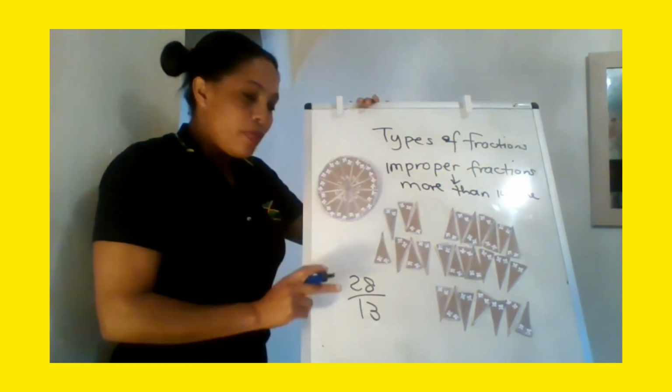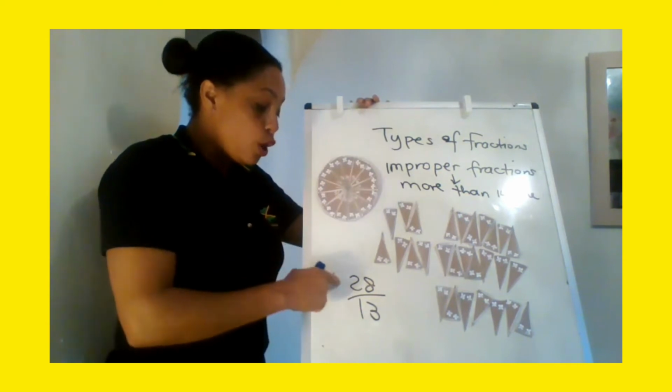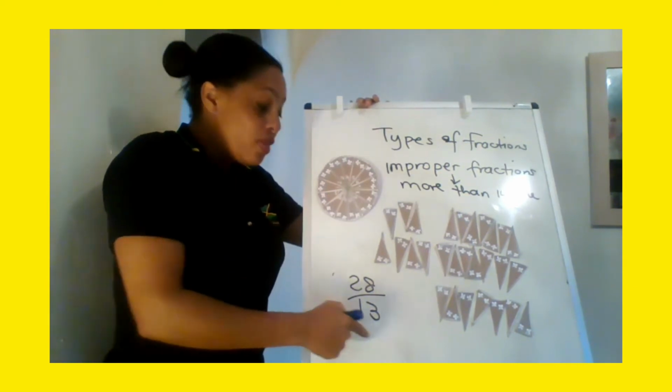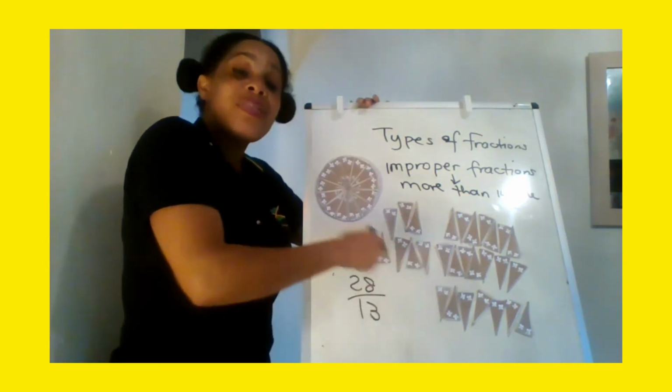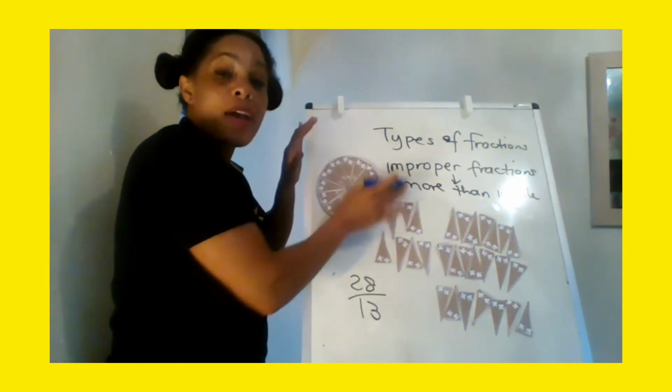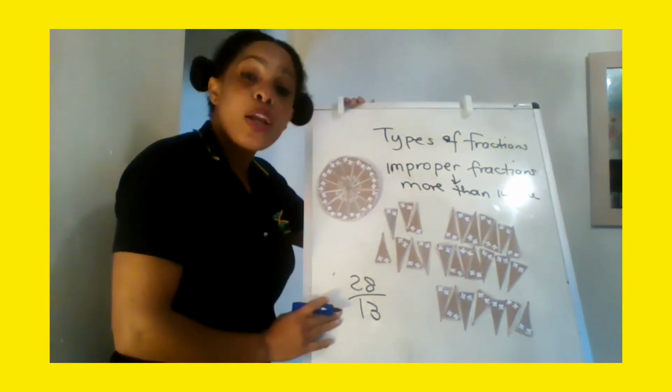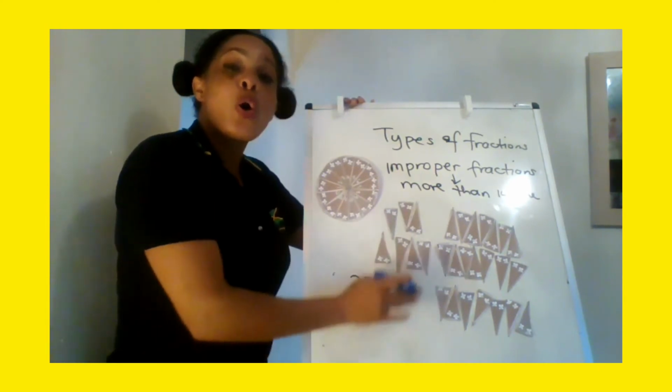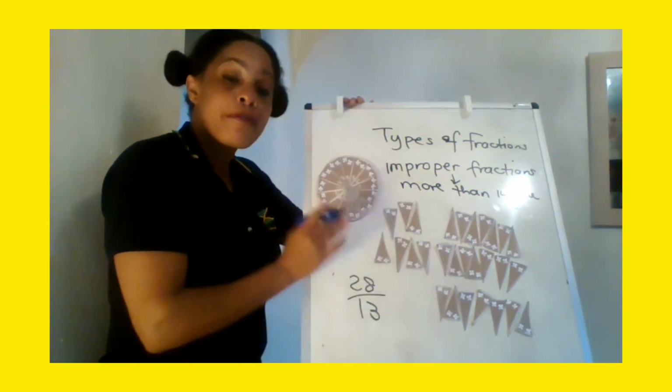Now remember that one whole cake was 13 out of 13. This means that with the pieces that are there, I can get more than one cake. If I was going to put them back together, I would get more than one cake. So here what we have is an improper fraction.